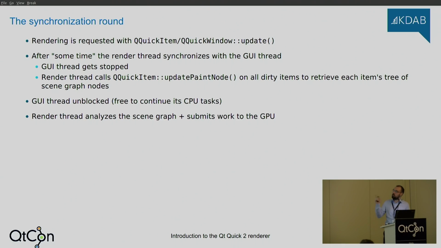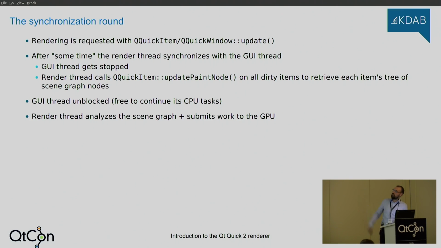In particular, the GUI thread gets stopped, so gets paused, and the render thread goes all over our scene and collects this scene graph information by calling QQuickItem updatePaintNode. That's a virtual function in QQuickItem. QQuickItem is the base class of all visual items in Qt Quick. And that function returns the subtree of scene graph nodes corresponding to that particular item.